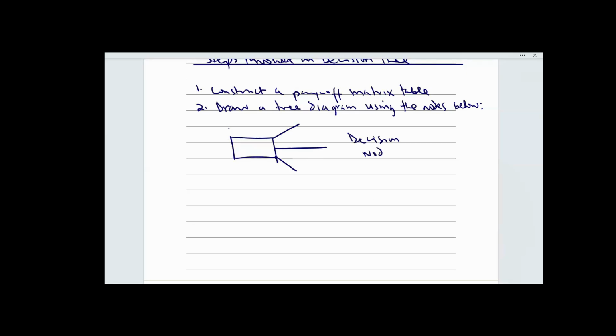Anywhere in your diagram that you need to make a choice between different alternatives, you also have to draw a decision node. It doesn't mean that it's only at the starting point you are going to have the decision.